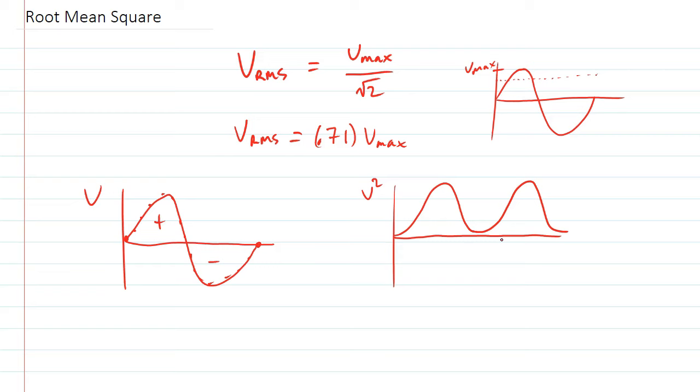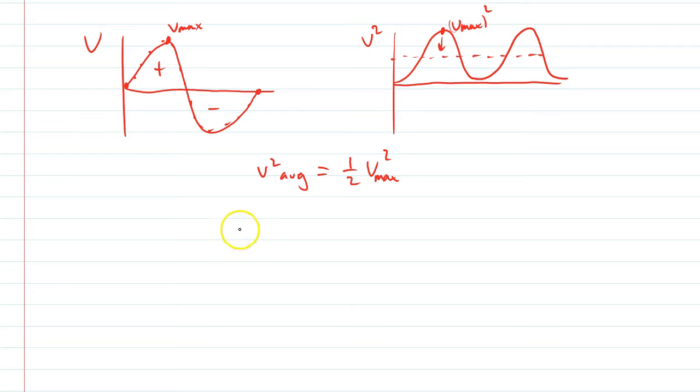Now it turns out that the V squared average is exactly half here. So you could say it this way: the V squared average is exactly 1/2 of the maximum squared.